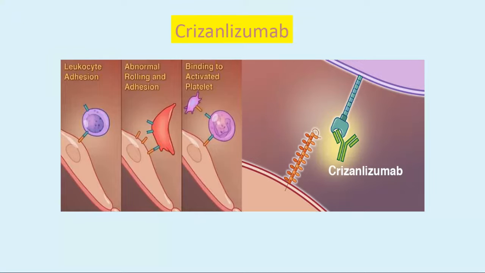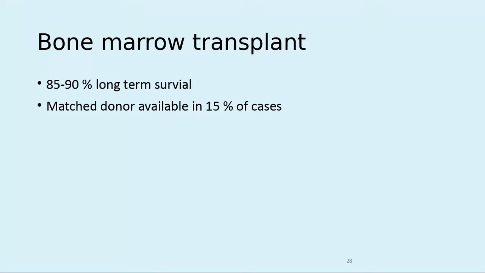For example, crizanlizumab, which is now available, will reduce leukocyte adhesion by blocking selectin adhesion. In particular, it's a monoclonal antibody against selectin, so it's going to help very much with the adhesion between the leukocytes, the red cells, and the endothelial cells. Bone marrow transplant shows 85 to 90% long-term survival. We need a matched donor, and this is available in 15% of cases.